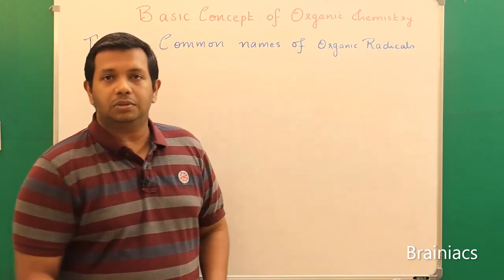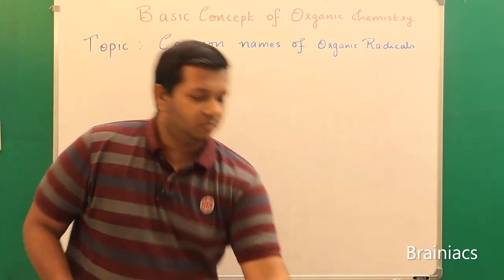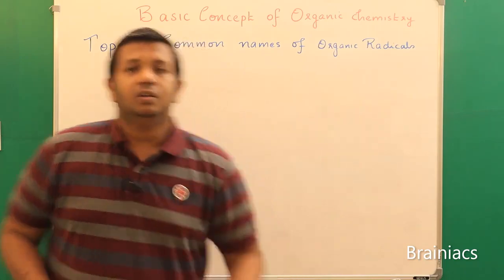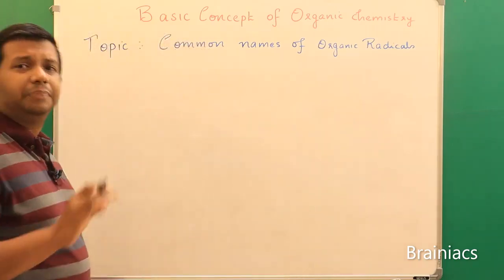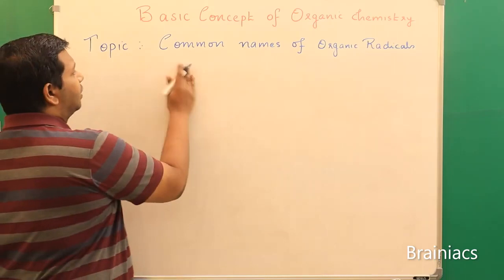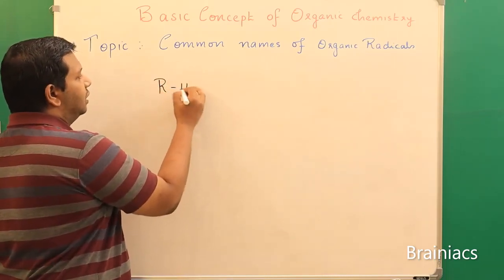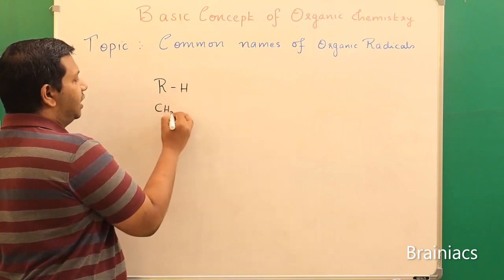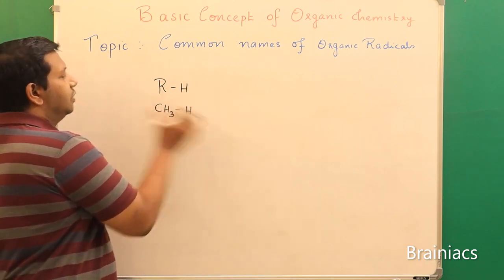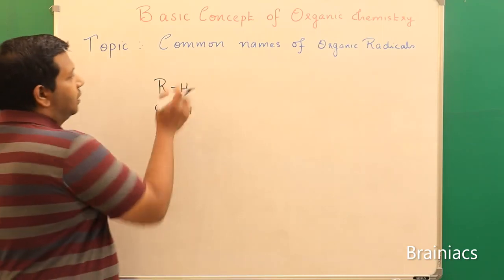So before I come to that, let me explain what is basically a radical. Okay. So very simple. Can you consider an alkane, something like RH. This can be anything. For example, CH3H. We know this is methane, correct? So RH is basically an alkane.